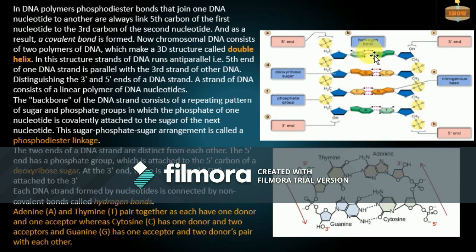So that's why you can see here 2 and here 3 bonds. This is how it is formed, and the whole structure is bonded like this. These are continuous chains, and this is a long chain.